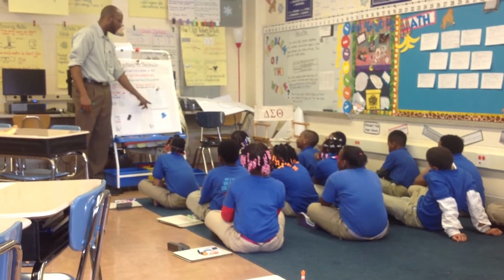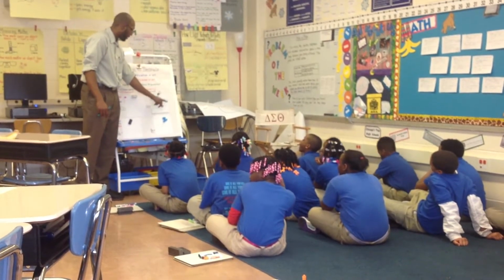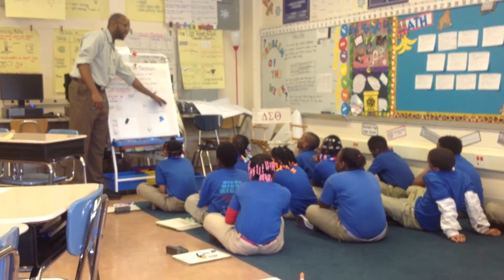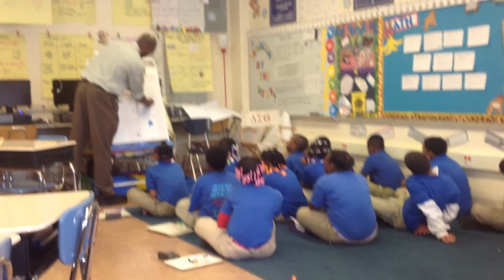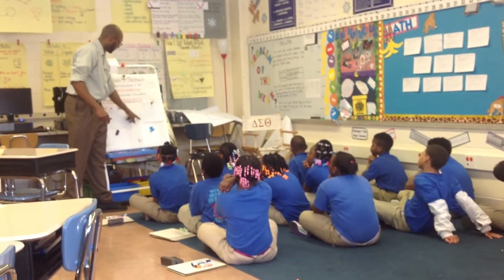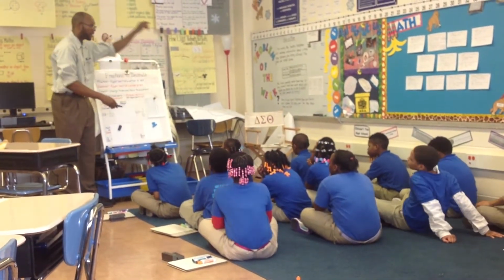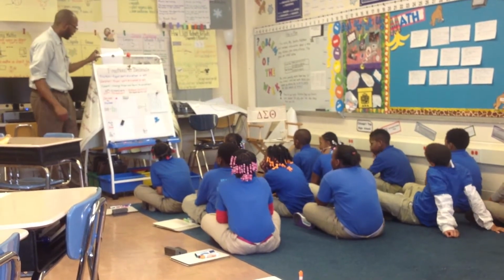I want 7/10. So I shade in 1, 2, 3, 4, 5, 6, 7 of my 10 equal parts. And I can represent that as a fraction as 7 over 10, or 7 of 10, because I now have 7 of my 10 total parts.